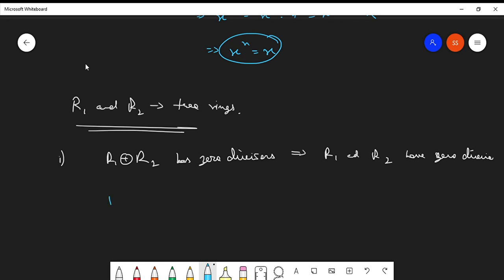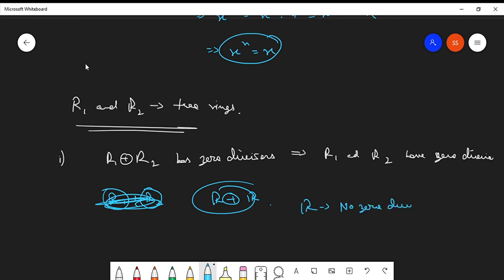Suppose you take R ⊕ R. The ring of real numbers is an integral domain, so it has no zero divisors, but R ⊕ R will have a zero divisor. (1, 0) times (0, 1) gives you (0, 0).